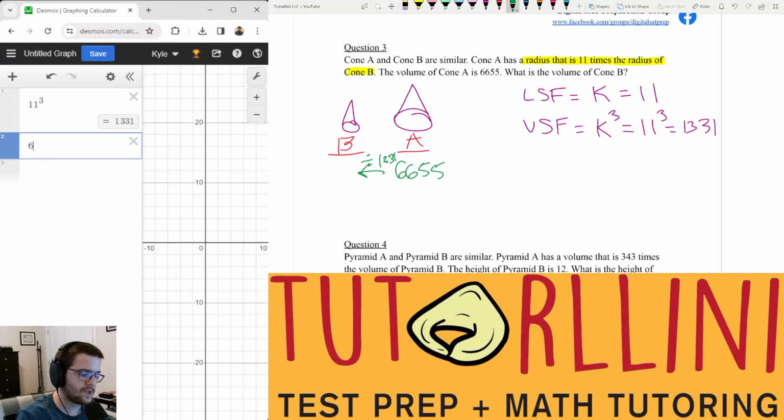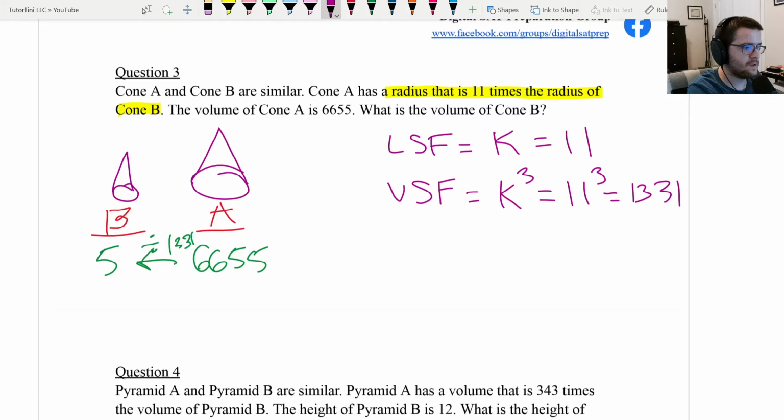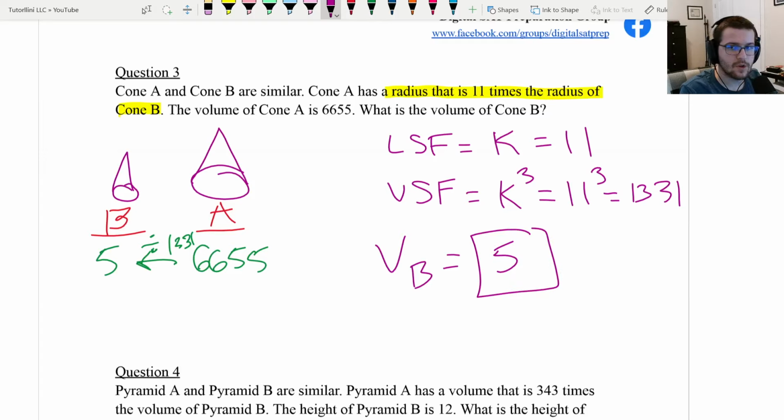So let's do that. 6655 divided by 1331, and we get 5. So we use the volume scale factor on the volume there. And our answer, the volume of cone B, should be 5. I believe that's right. Great, let's keep going.